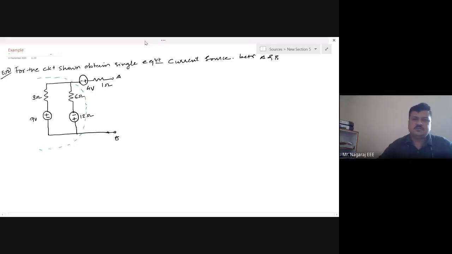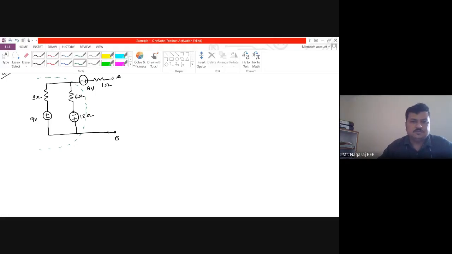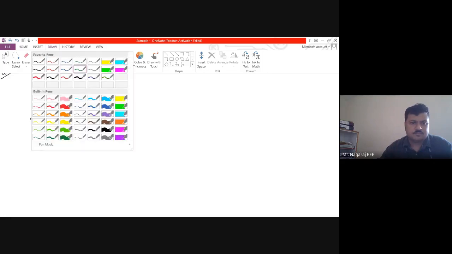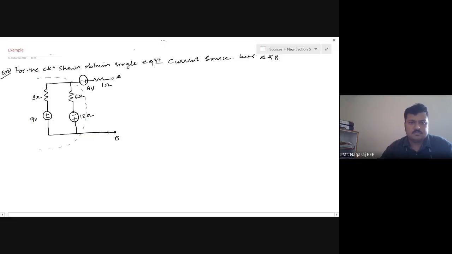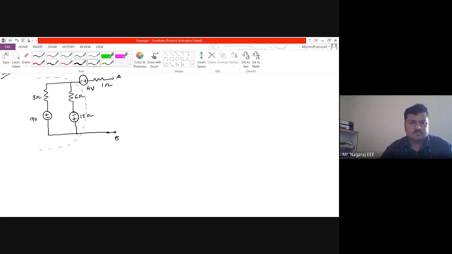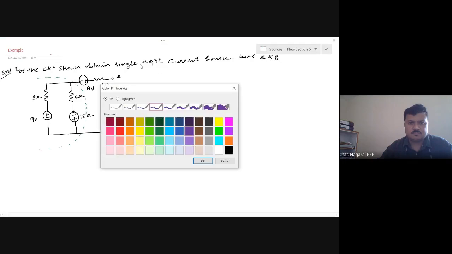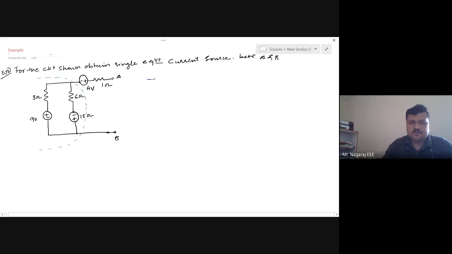Okay. So first step is to transform 9 volt 3 ohm and 12 volt 6 ohm into current sources.